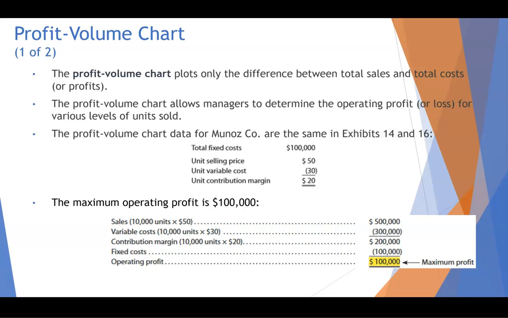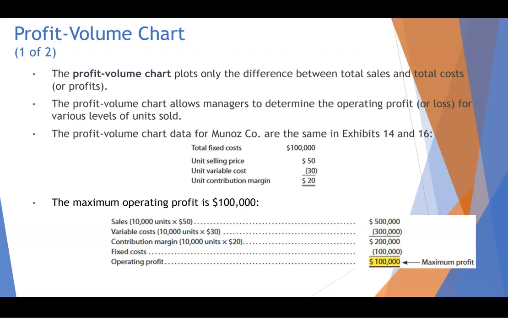The profit-volume chart plots only the difference between total sales and total costs. The profit-volume chart allows managers to determine the operating profit or loss for various levels of units sold. So for Munoz, we've got our fixed cost and we've got our contribution margin of $20.